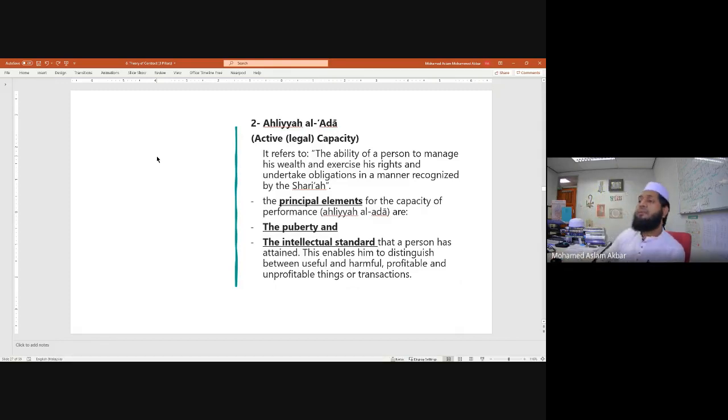This enables him to distinguish between useful and harmful, profitable and unprofitable transactions. So the intellectual standard will make him reach this capacity, what we call active legal capacity.